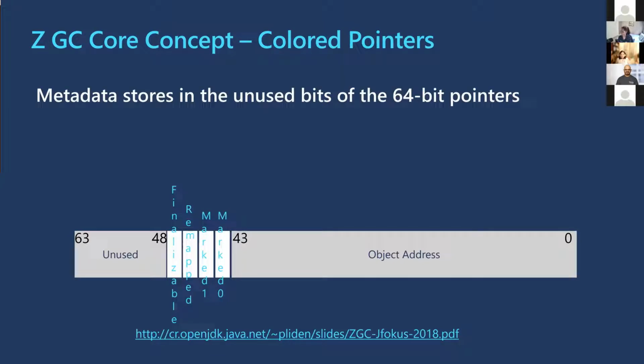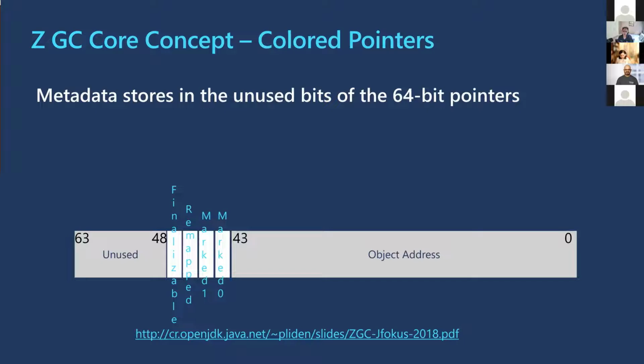So any kind of metadata will be stored in the unused bits of the 64-bit pointer. And the whole concept of these regions, like what are we doing? Are we in the marking phase, or the remap phase? What stage are we in? This kind of concept is addressed by ZGC in the virtual address mapping phase.